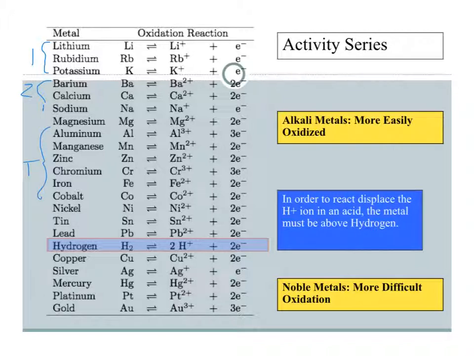So that should make sense to you because we know group 1 is very reactive, then group 2, and we decrease our reactivity as we go further across the table. And here's your hydrogen. So copper, silver, mercury, platinum, and gold cannot react with an acid because they're not more reactive than the acid, so they can't push the H out, which might explain some of the phenomenon that you saw in your lab.